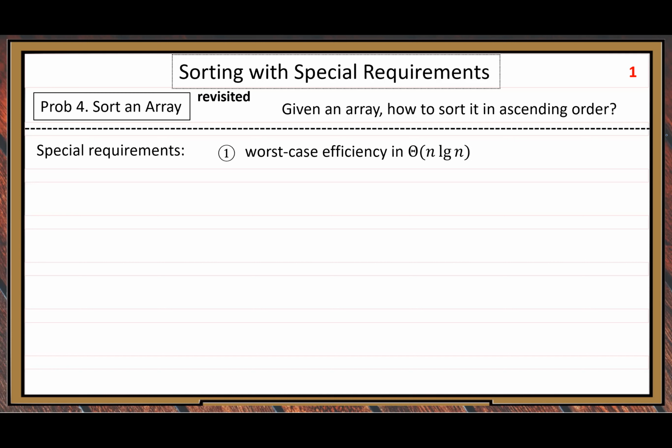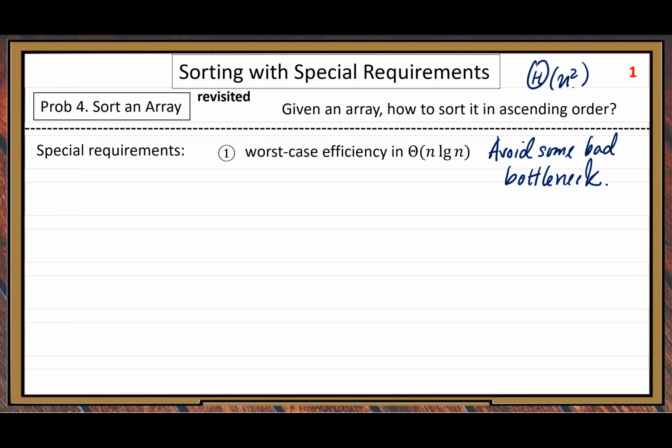Why this requirement? Because this requirement makes sense, we can avoid some bad bottleneck. If we do not put this worst case efficiency requirement, if you apply some other algorithms, for example, insertion sort and quick sort, you will get big theta of n squared.